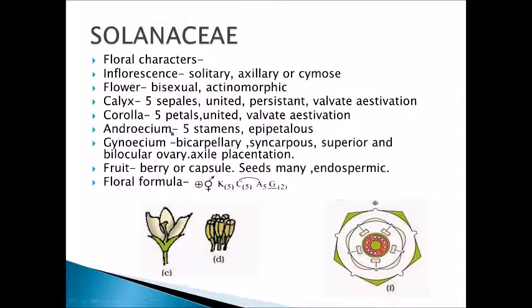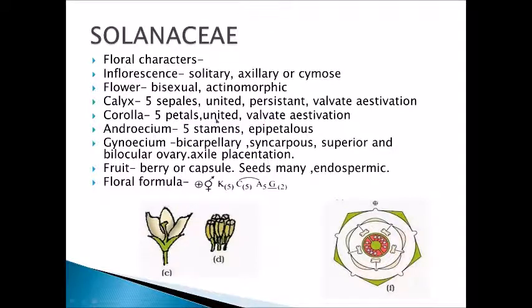Flower is bisexual, actinomorphic. See here in the floral formula, just check this. Bisexual, this sign is there. Actinomorphic, now a circle, and in that a plus sign. For zygomorphic, a percentage sign was there. This is an actinomorphic flower for which this sign is used.